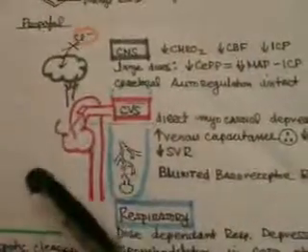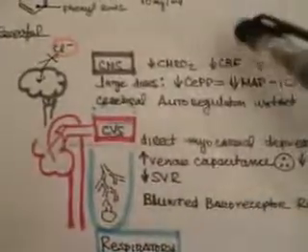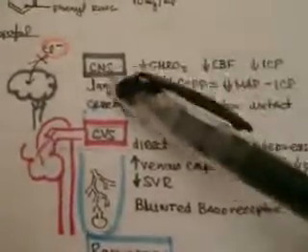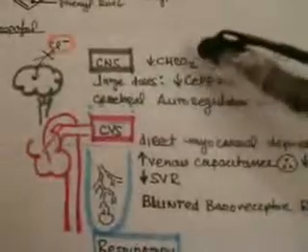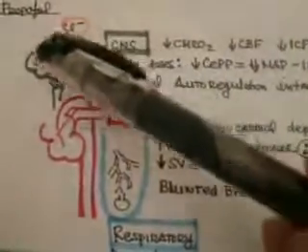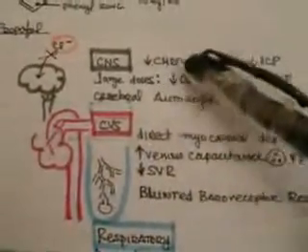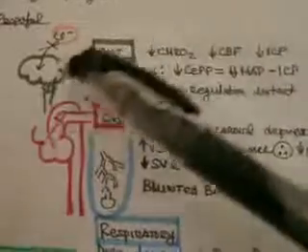And if we look at the pharmacodynamics of propofol, the pharmacodynamics being what effect the drug has on the major organ systems, and if we look at the central nervous system, we can see that there's a decreased cerebral metabolic rate of oxygen consumption with propofol. So the brain consumes less oxygen, and due to the decreased oxygen consumption of the brain, there's a decreased cerebral blood flow that goes to the brain.